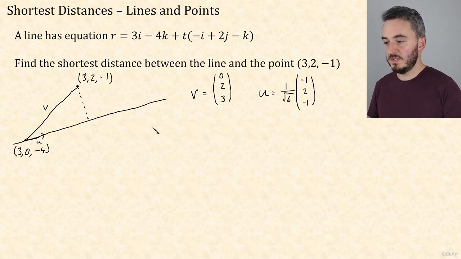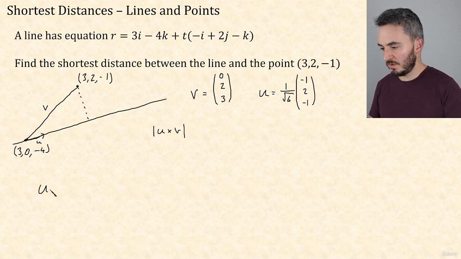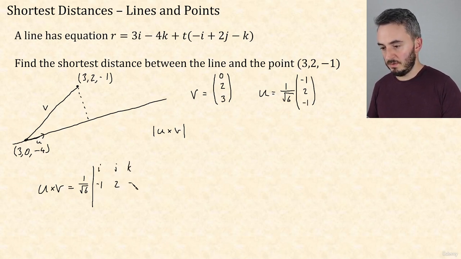So the shortest distance between that point and the line is the modulus of u crossed with v. So let's find u crossed with v. I'm going to pull out that 1 over root 6 just as I did in the previous question, and it's the determinant of this matrix. i, j, k, u minus 1, 2, minus 1, and 0, 2, 3.